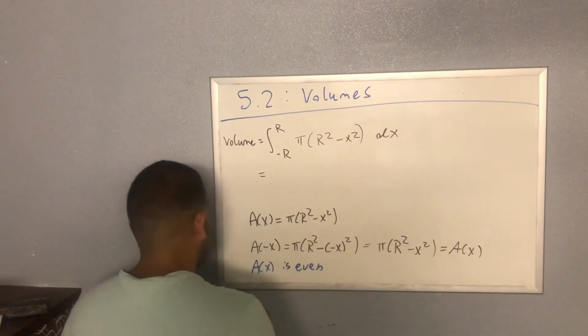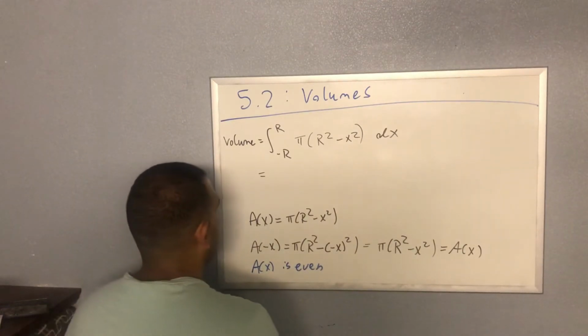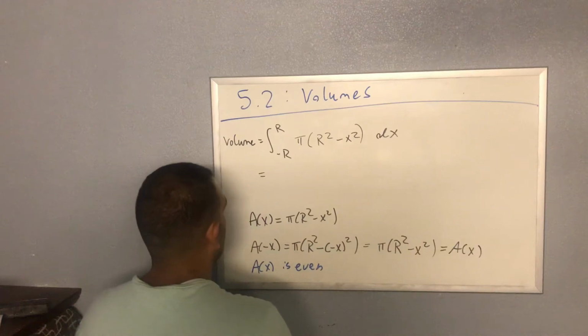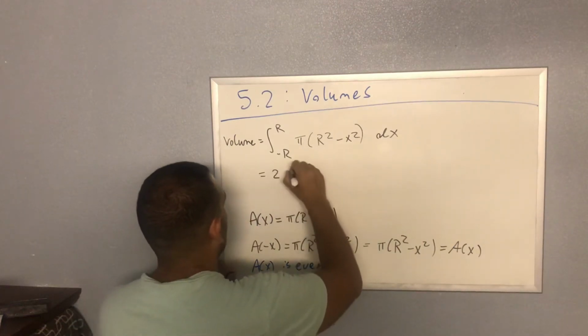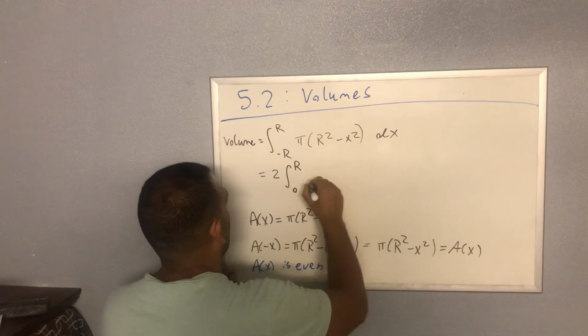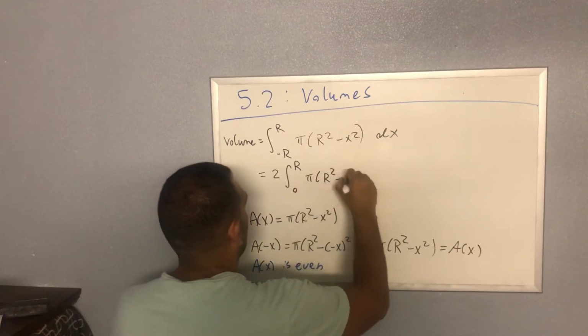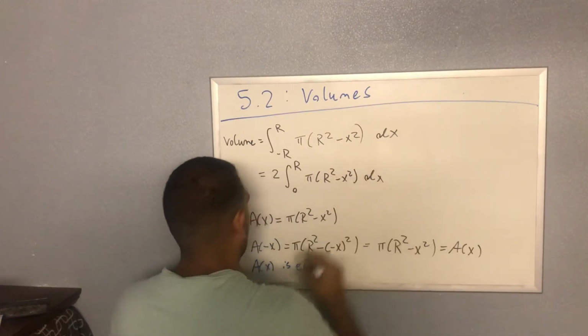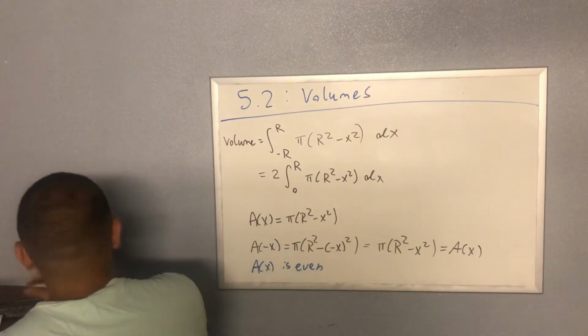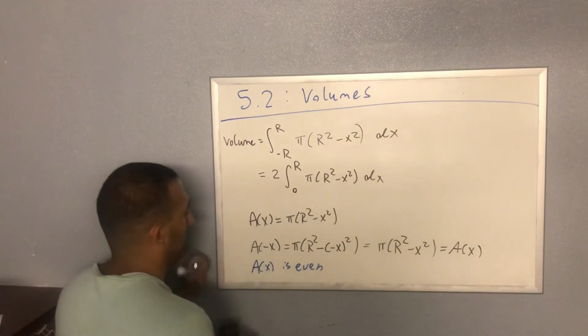Which is really nice, because then we can use this property that says that this integral will just be twice the integral from 0 to r of this guy. So it helps our calculations out a little bit.